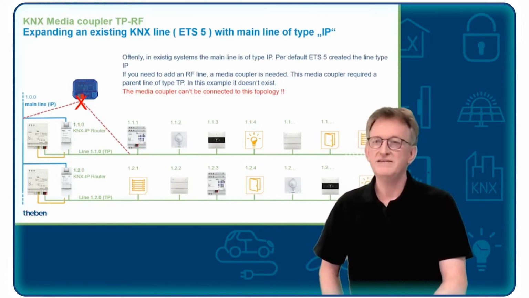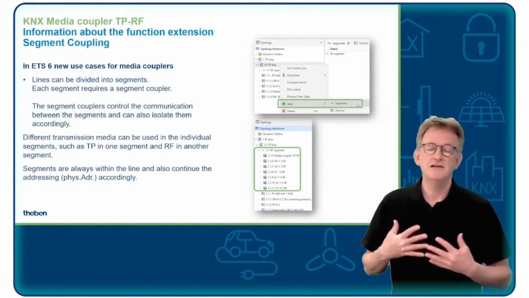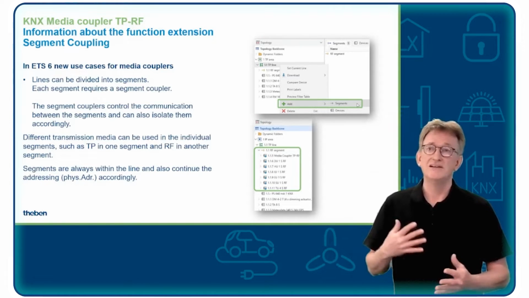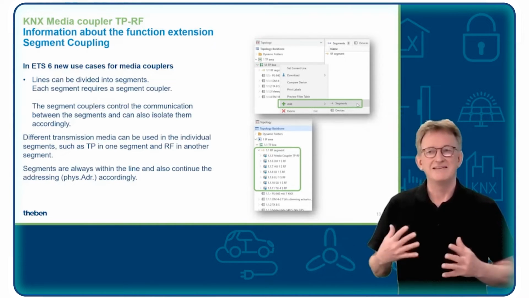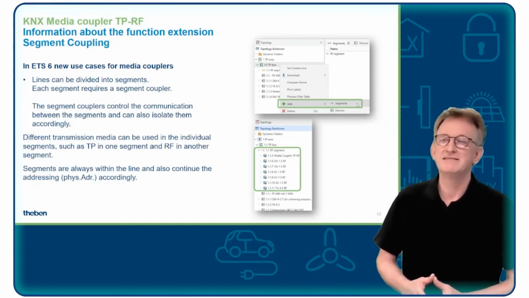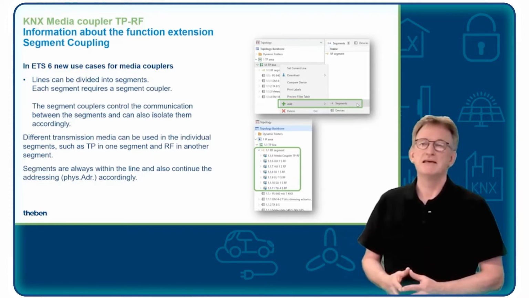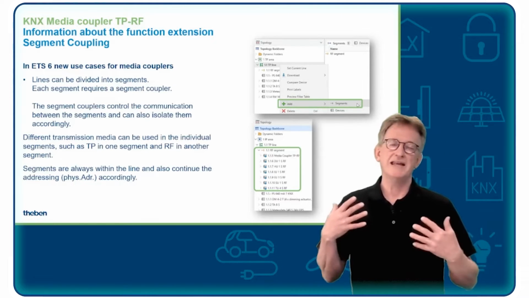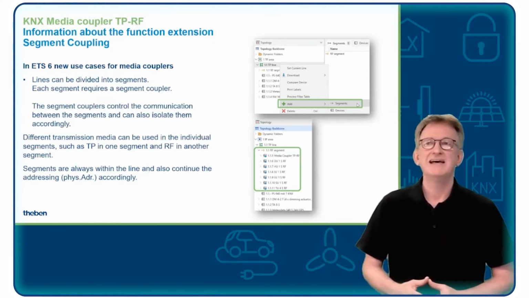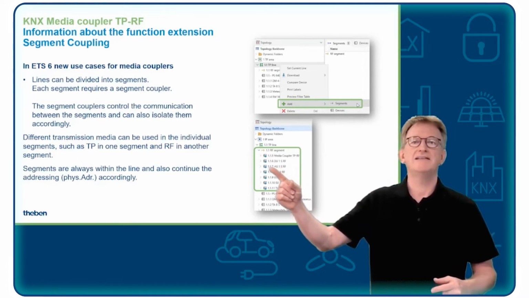And now with ETS 6, they have invented a new solution to address exactly those kinds of issues. In ETS 6, it's now allowed to set up segment coupling. That means that you can add an additional segment within an existing line, and within that segment, you add the media coupler.